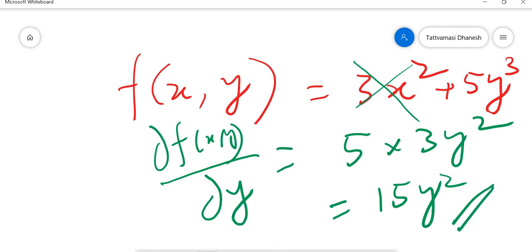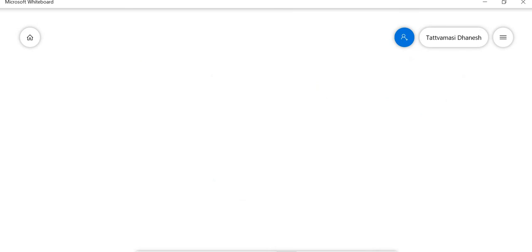So as we discussed, partial differentiation comes into the picture when a function depends on multiple variables. When a function depends on only one variable, we use normal differentiation. Let me give you another function, f of x comma y comma z, which depends on three variables x, y, z.